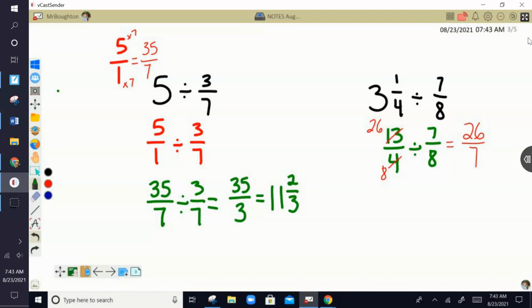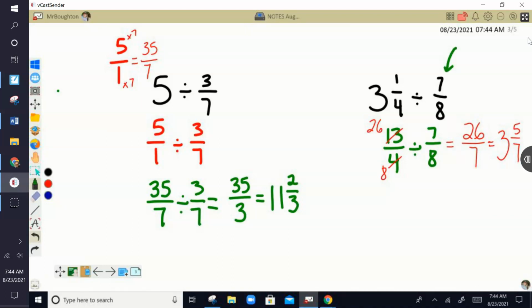So this fraction, 26 divided by 7, 26 sevenths, is also our answer. We can simply make that a mixed number. So 7 goes into 26 3 whole times. That's 21, and there's 5 left over. So there are 3 and 5/7 groups of 7/8 in 3 and 1/4.